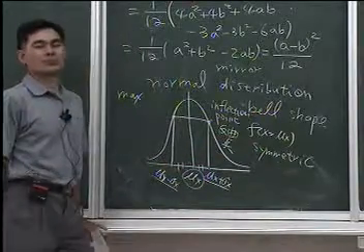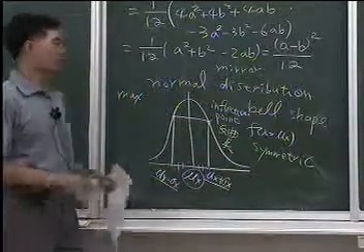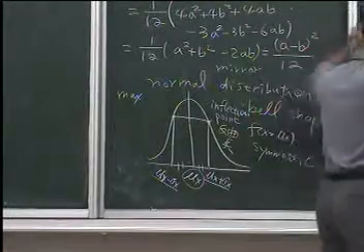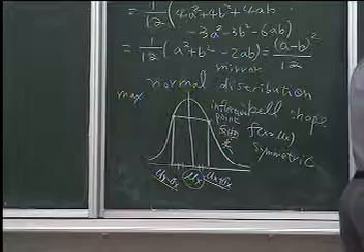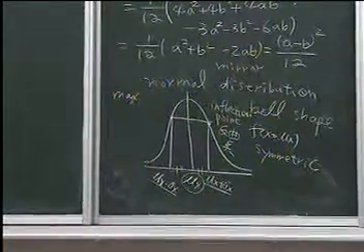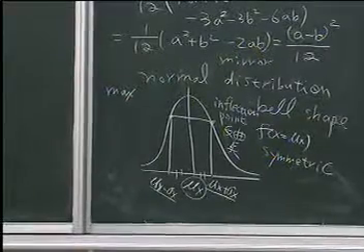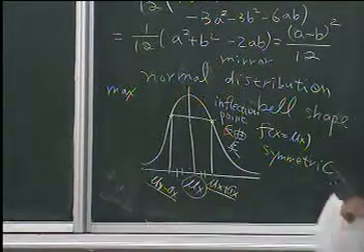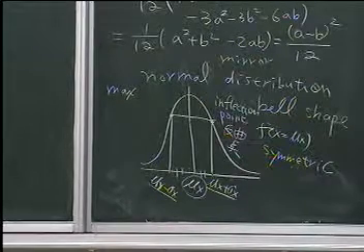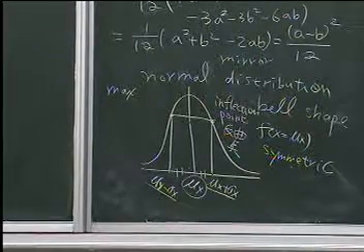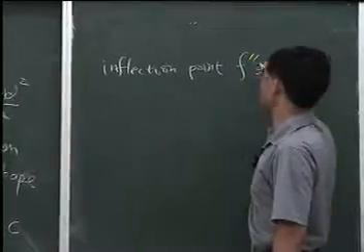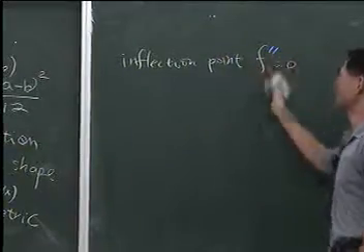What's the characteristic of an inflection point? Basically, at an inflection point you get f double prime equal to 0.